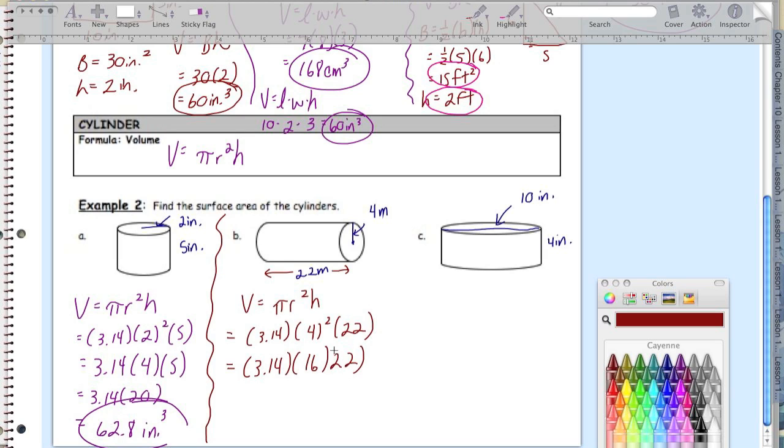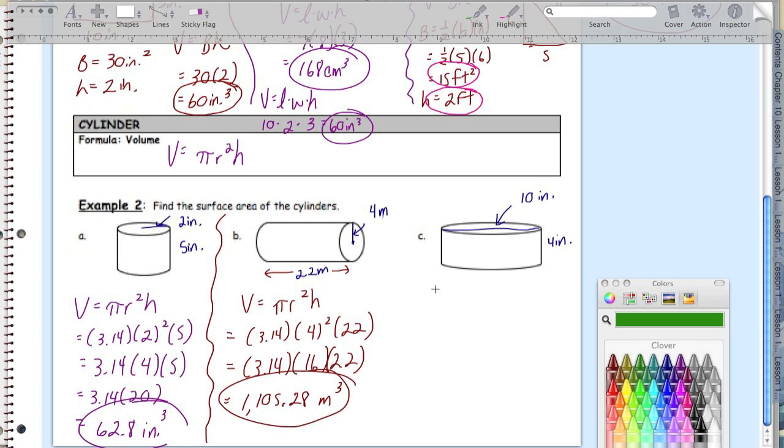Then I have times 22. And now these are numbers I can't do in my head, so I'm going to just multiply 3.14 times 16 times 22. And my final answer is pretty big. It's 1,105.28. And this is meters cubed because we're doing volume.